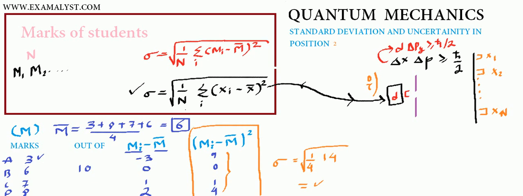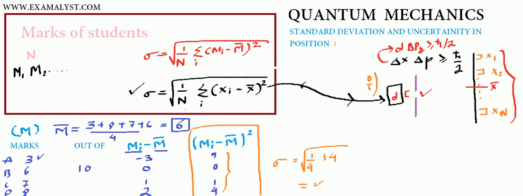The hint is, if you measure, what is the most expected value? The most expected value of position is at the center. You all know that in diffraction, most of the electrons end up at the center. Now, how much the electron is spreading around the center depends on the width of the slit.